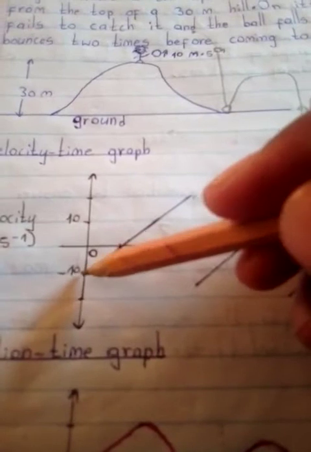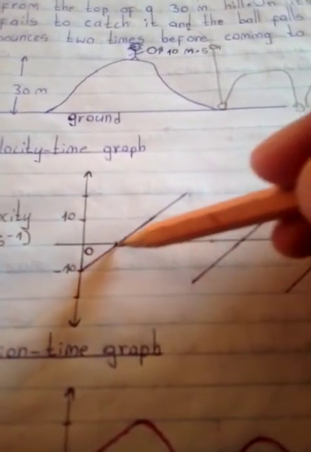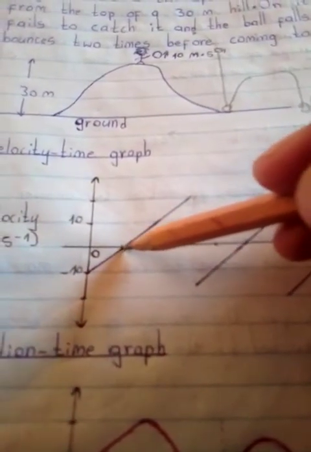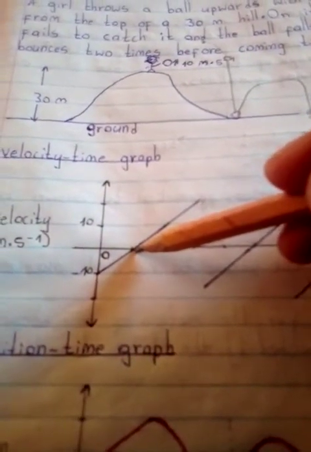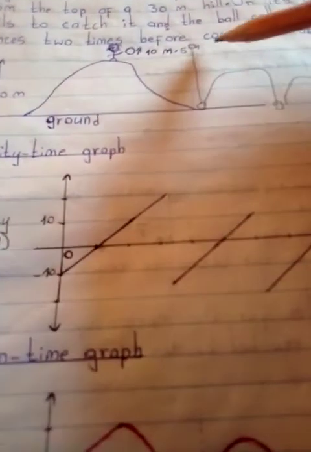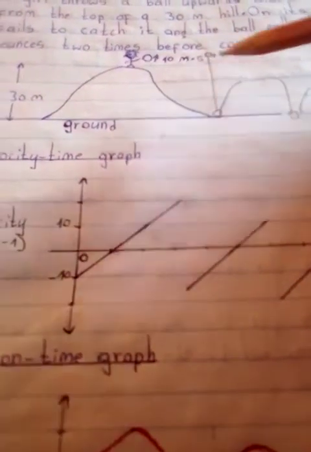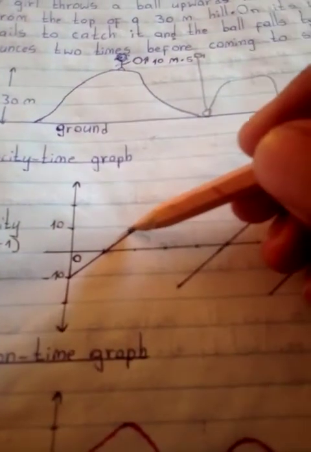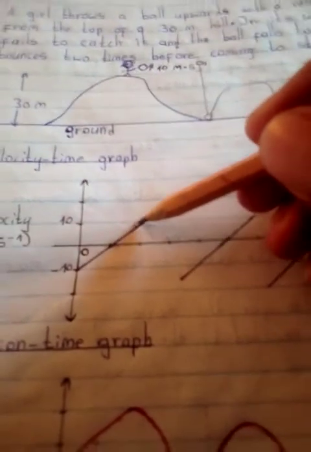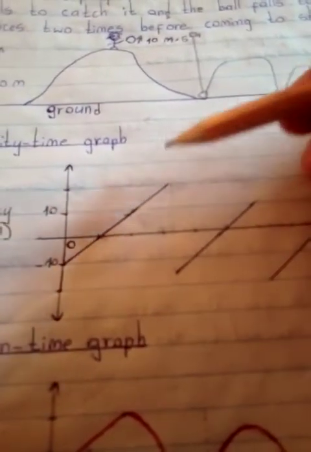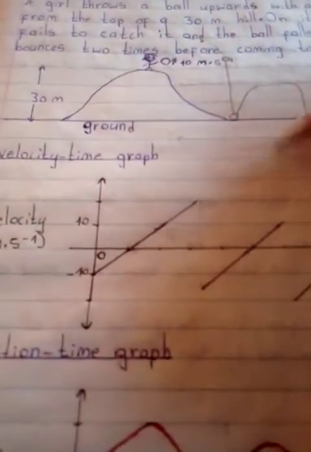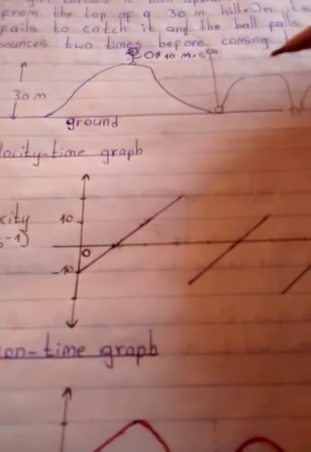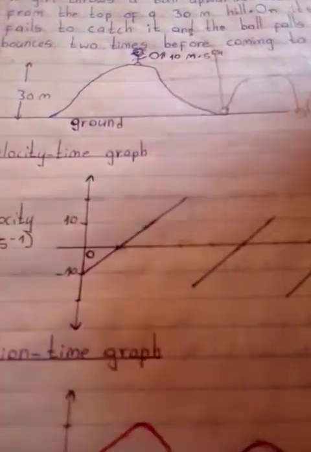It will eventually come to its maximum height here, where it has 0 velocity, and then it will come back here, where it started, but with positive velocity, because your positive direction is downwards and your ball is going downwards.